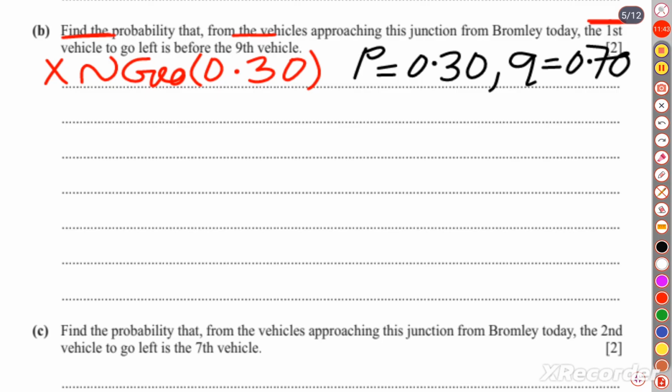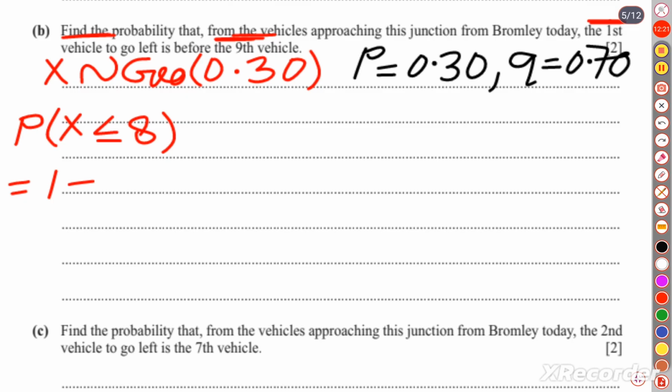The question tells us to find the probability before the ninth vehicle. Look at this, before the ninth vehicle, so X is less than or equal to 8. Before 9 means 9 must not be included. But among the first 8 trials, we don't know when the first vehicle turned left. That's why we will solve it. The formula, as I have written in the previous solution, is 1 minus q raised to r.